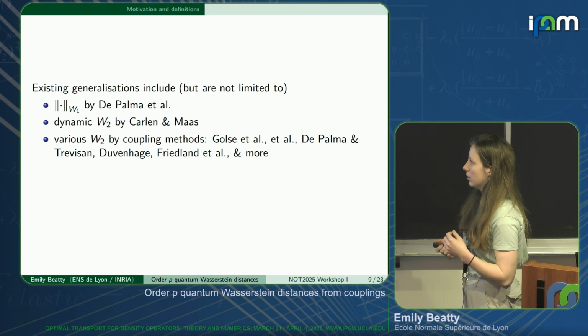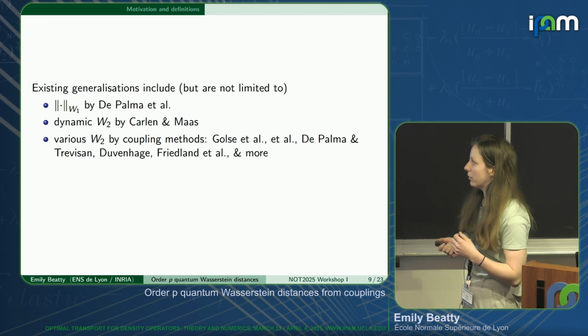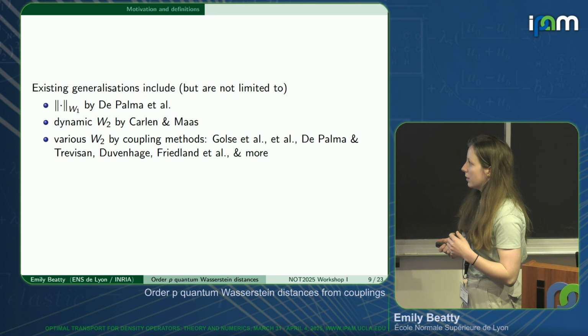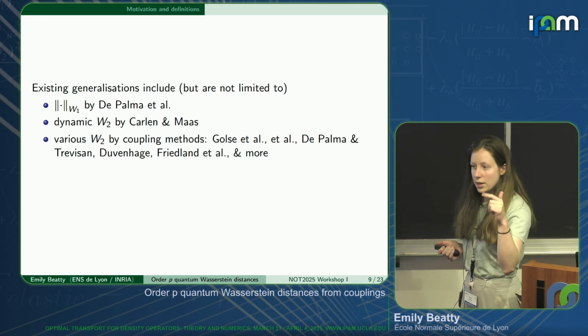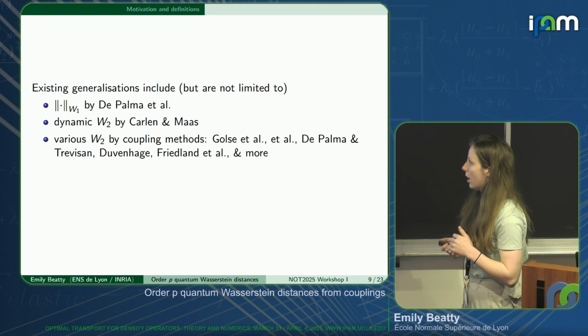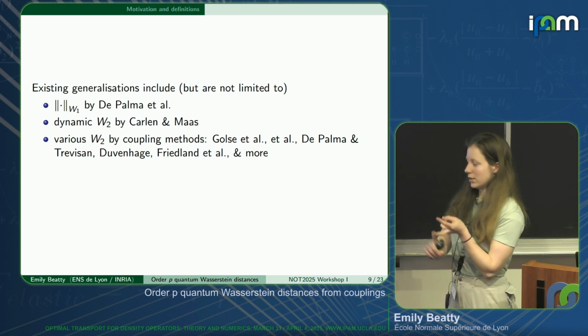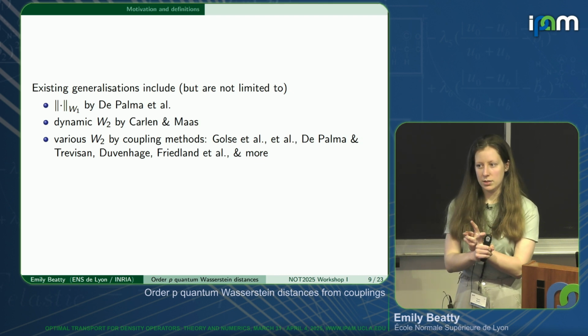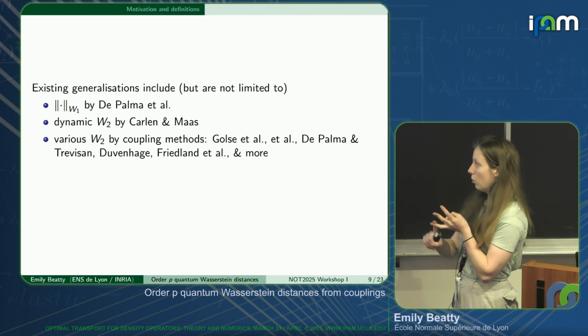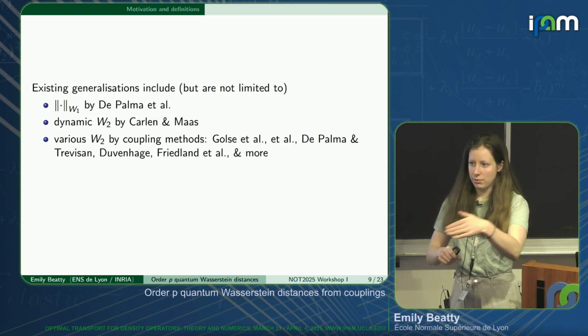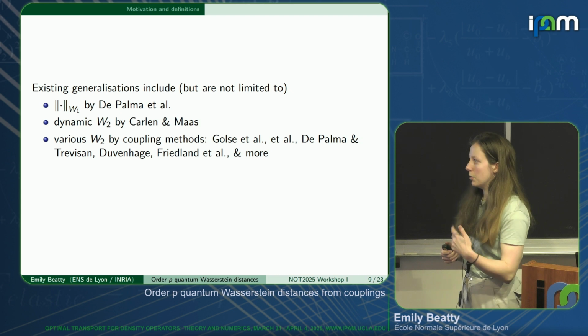You've got the distance that I think Meled will be talking about on Friday. There's a few dynamic generalizations, various distances which do use this kind of coupling method, which have either accepted that you're not going to get a semi-metric, or have accepted that you're restricted to a specific geometry, or have kind of skirted around and modified the definition slightly in order to make it work.